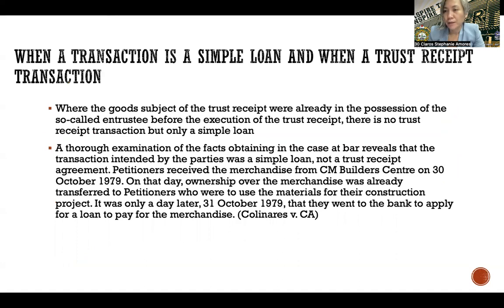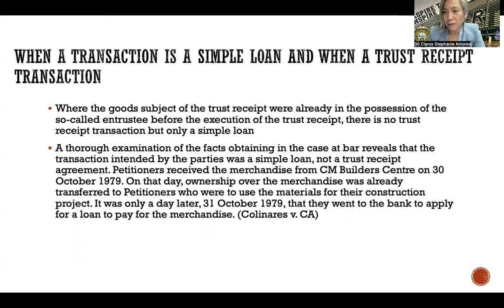So remember that there is an underlying transaction in a trust receipt transaction, and that is essentially a loan. However, we must make a distinction between a contract of loan or mutuum and a trust receipt transaction.